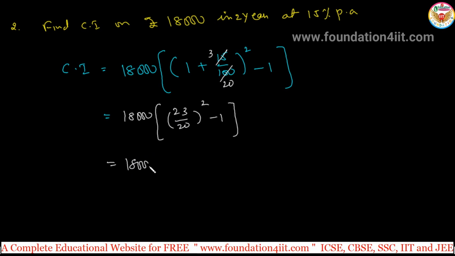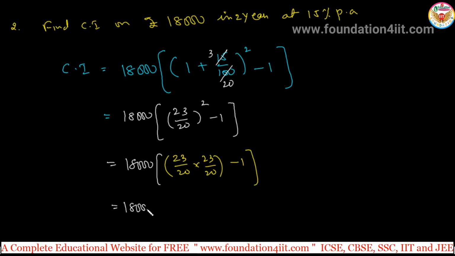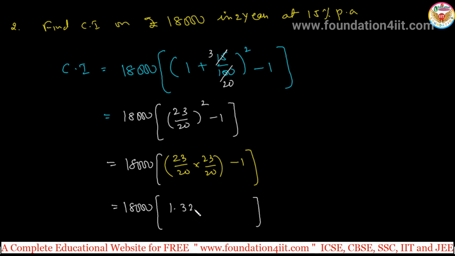So 18,000, 23 by 20 two times: 23 by 20 into 23 by 20, again minus 1. This is one set. Here it is 18,000, but the calculation will be big. 23 into 23 by 20 into 20, just multiply and divide, you'll get 1.3225 and minus 1.